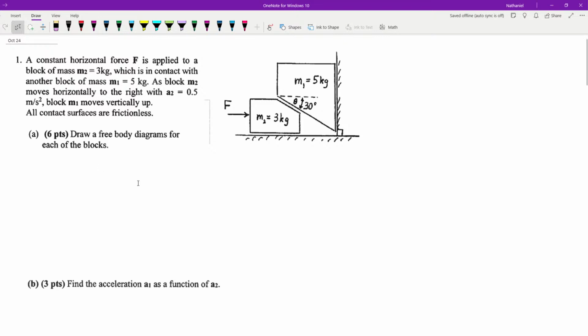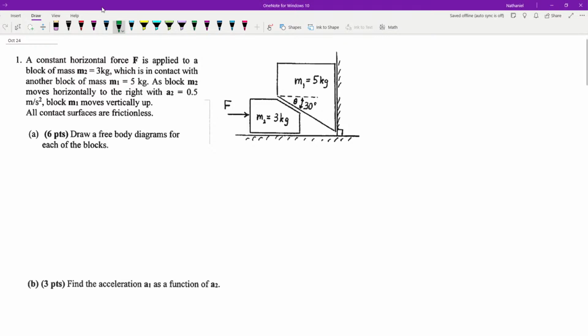Right. So we got to draw a free body diagram. What are we asked to do here? Okay, that's pretty good. Alright, so draw free body diagrams for each of the blocks.